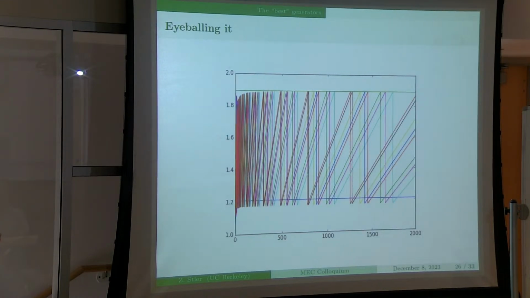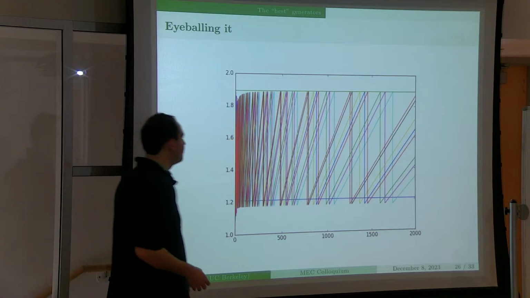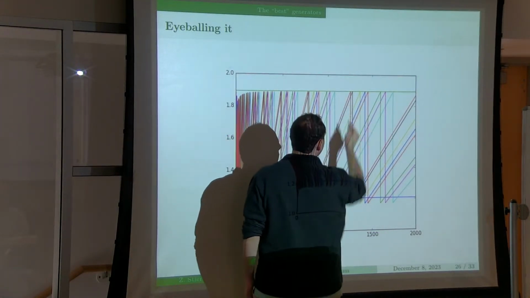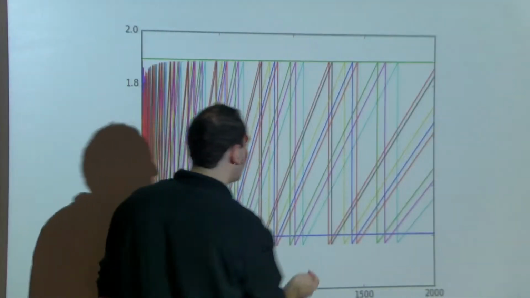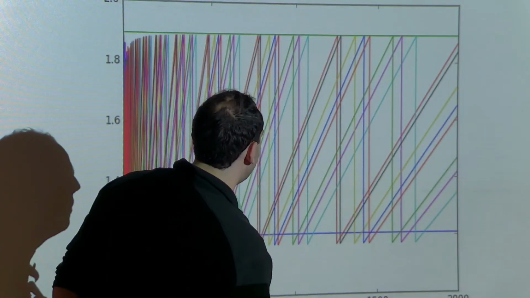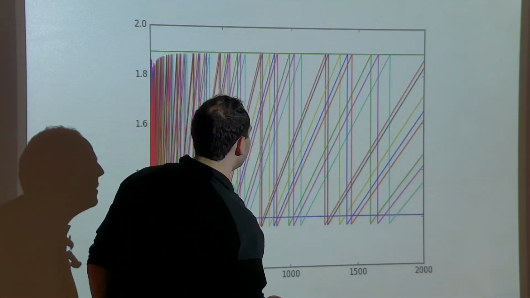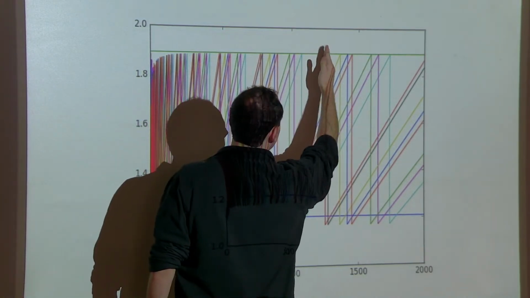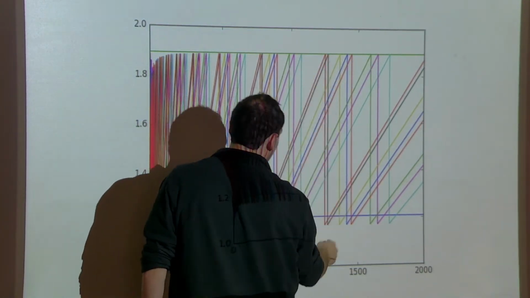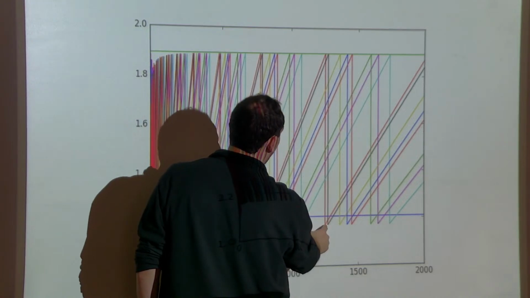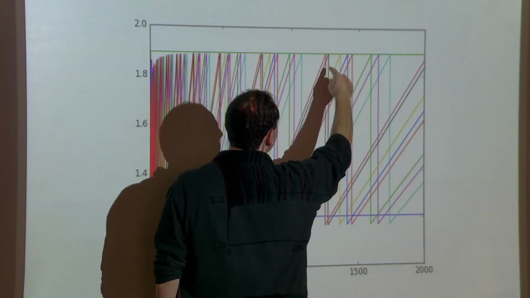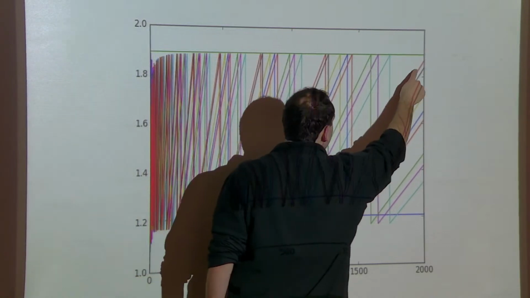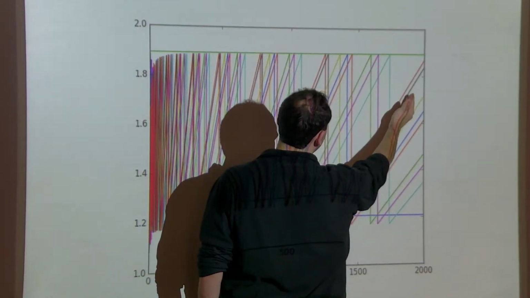And if we try to eyeball it, we'll see that eventually, if we look at red, or okay, there's a couple different reds in here. But this one gets really high and then drops off, and so stops being really bad. High up is really bad. So this one becomes the worst one, and then becomes really good. And so by the time we're over here, red is pretty good.